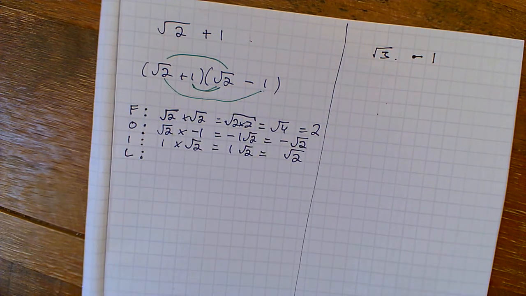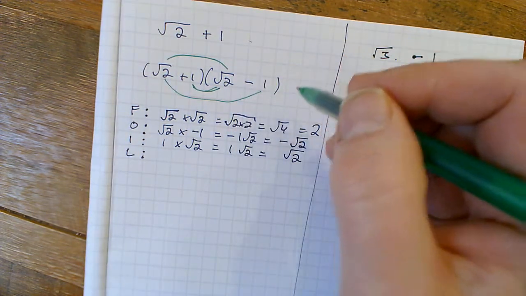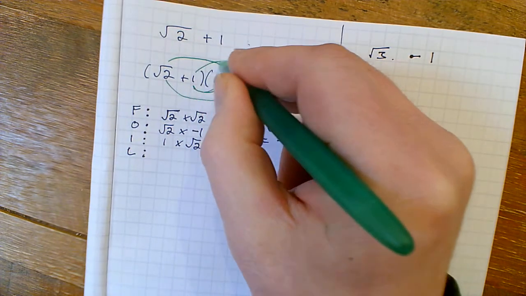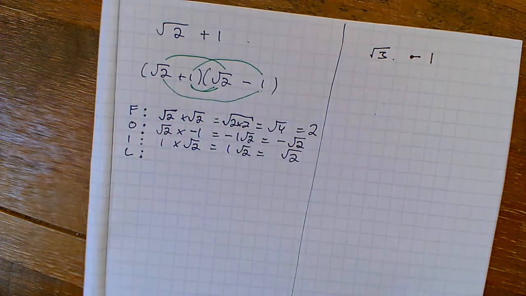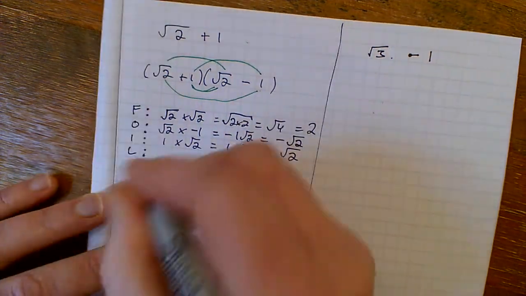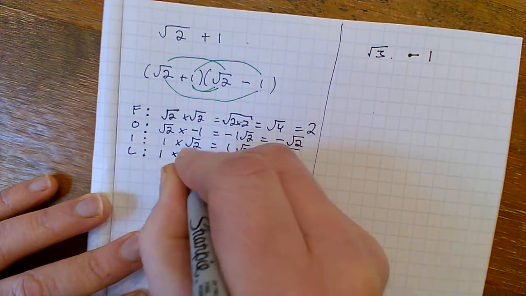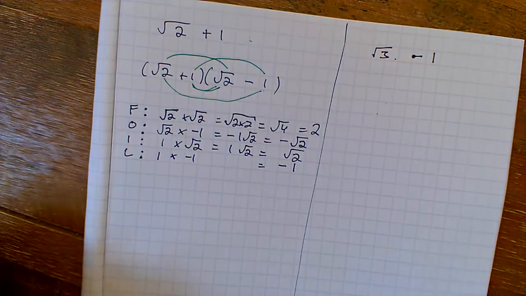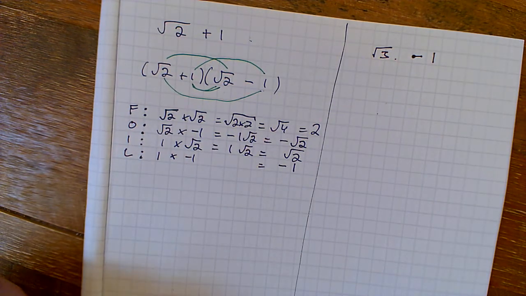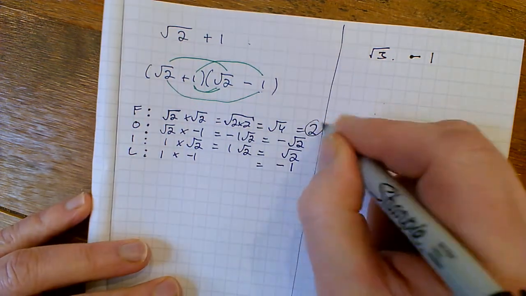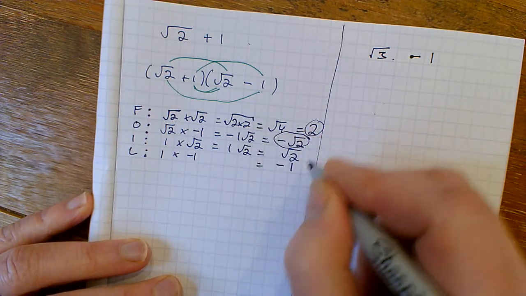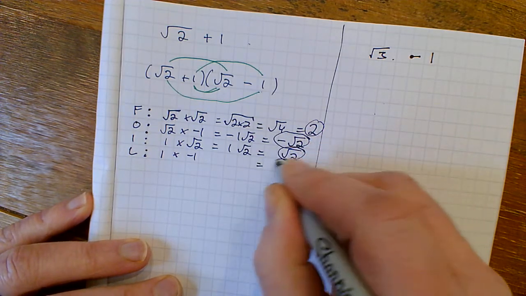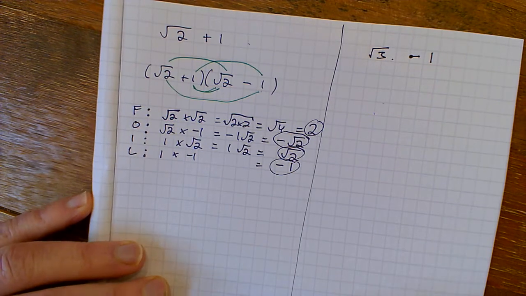And L stands for lasts, which is the two last things in the bracket, so the 1 multiplied by the negative 1. 1 multiplied by negative 1 equals negative 1. So I've got four terms, 1, 2, 3, 4. I'm going to add them all together.